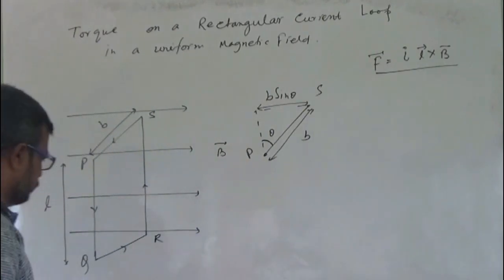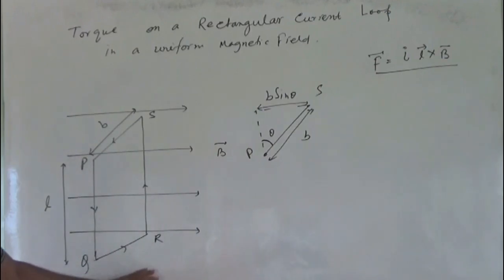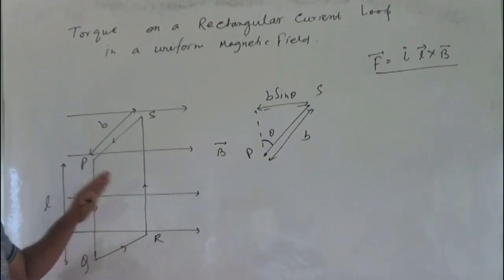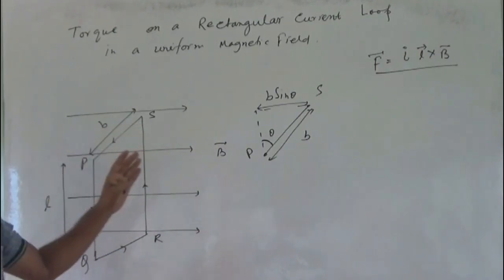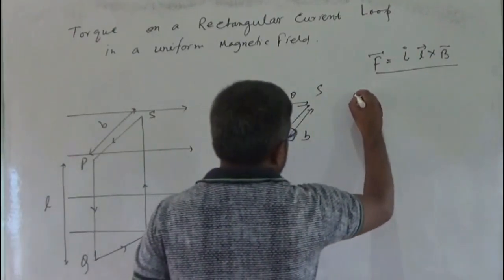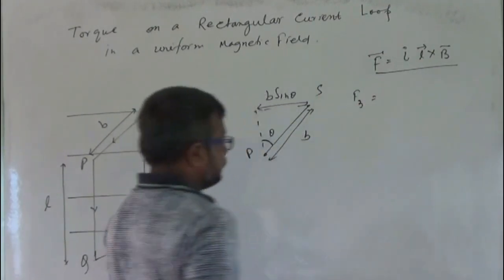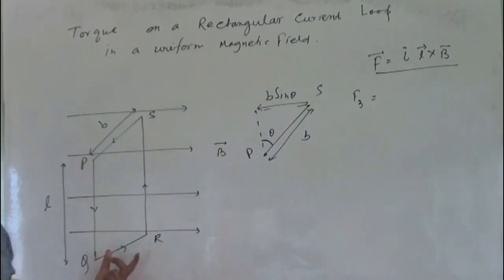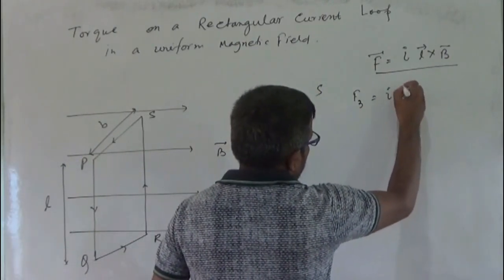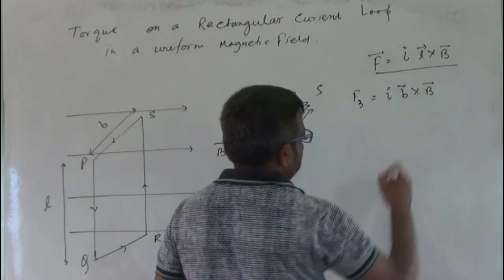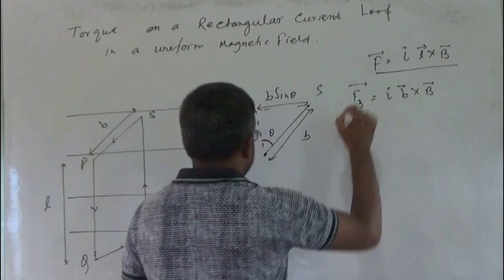Now we are going to calculate the force on the different arms of this rectangular loop. The force on arm QR, let us say F3, will be I b cross B. This is the force.